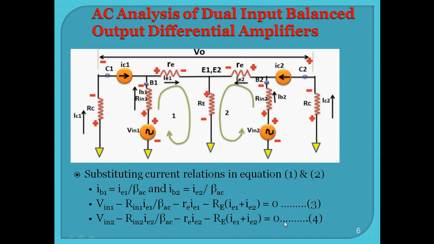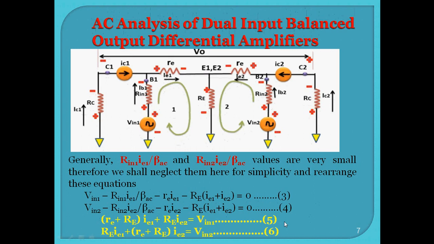Now we will see here, generally the input resistance Rin1 into IE1 by beta AC and similarly Rin2 into IE2 by beta AC values are very small, as beta AC is a large factor, and because of this the proportion we got here is a small quantity, and we shall neglect them for simplicity.